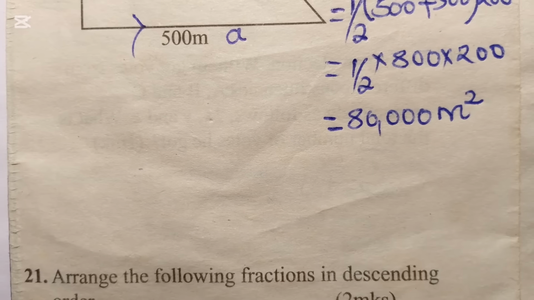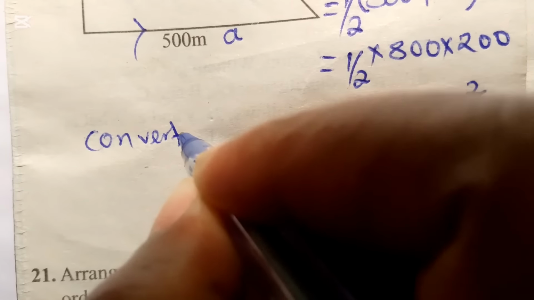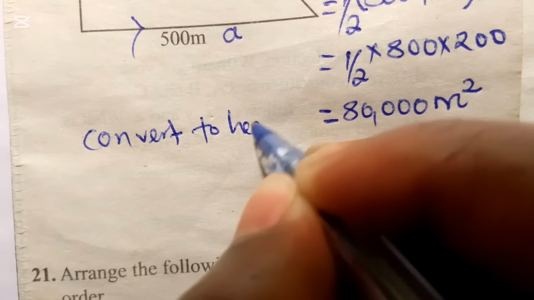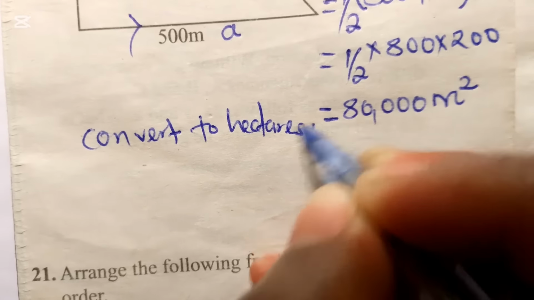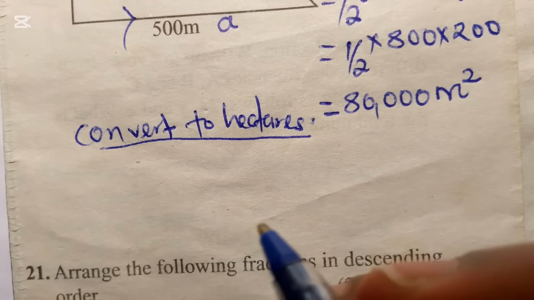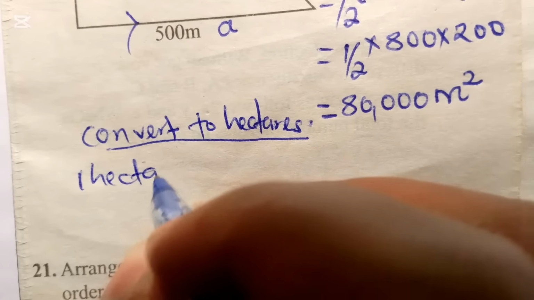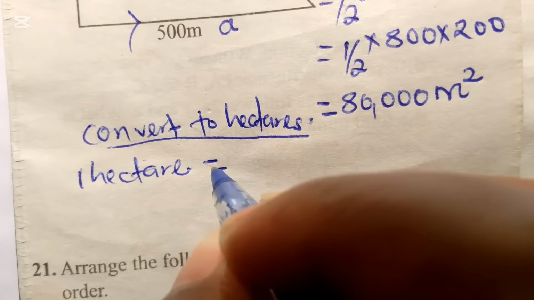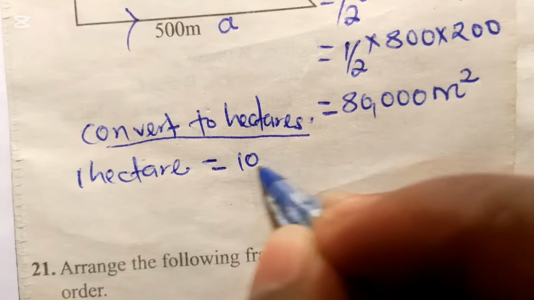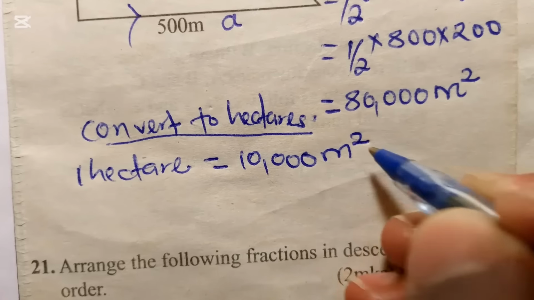Let us now convert to hectares. We are supposed to know that 1 hectare is equal to 10,000 square meters.